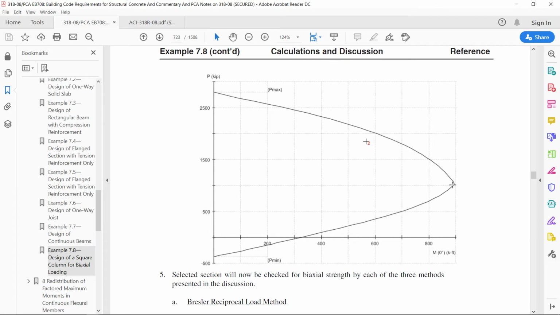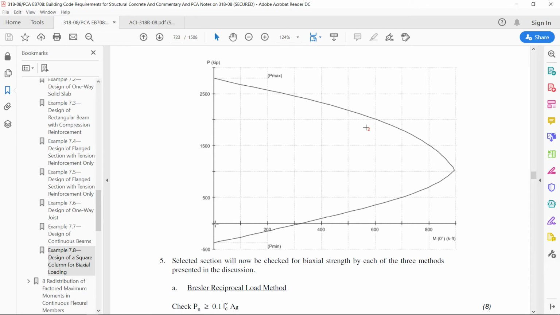And balance moment is something around 800 something. In STAAD it was 811.91, it is slightly higher. The tensile force in STAAD was minus 372.